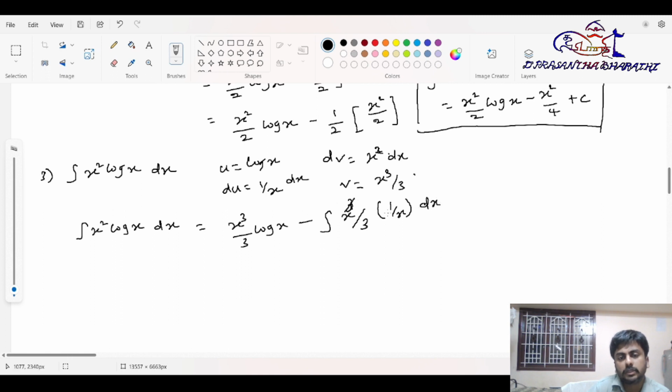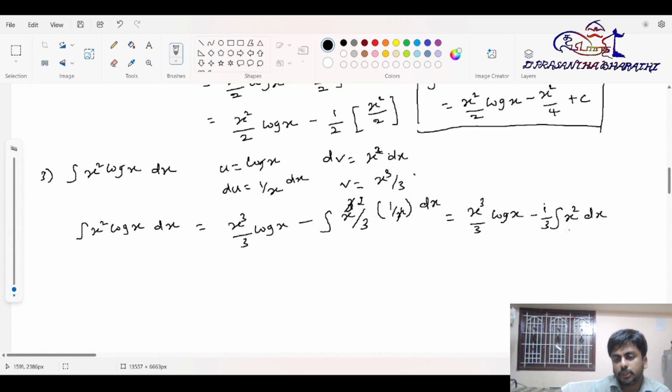Here this 3 and this x will get cancelled, so that is equal to x cube by 3 into log x minus, taking the 1 by 3 outside, 1 by 3 into integration of x square dx.